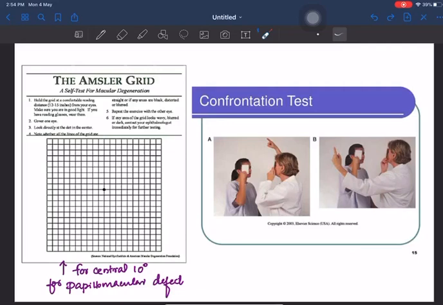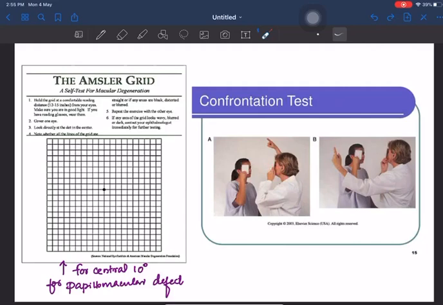It is done under the assumption that the visual field of the examiner is normal. In this picture, the examiner tests the visual field of the patient's left eye. So the patient is asked to close the right eye. Simultaneously, the examiner also closes her left eye, and the patient is asked to look into the right eye of the examiner.